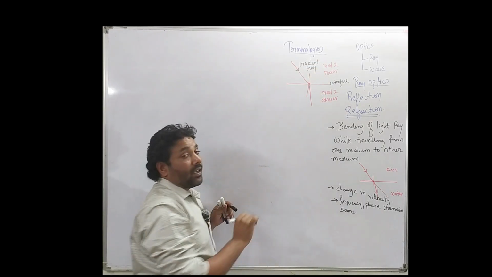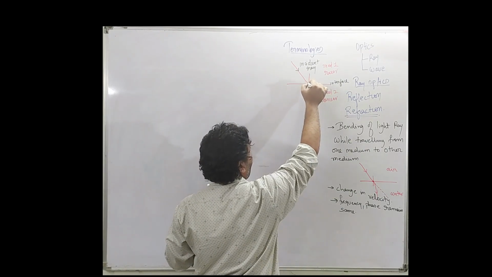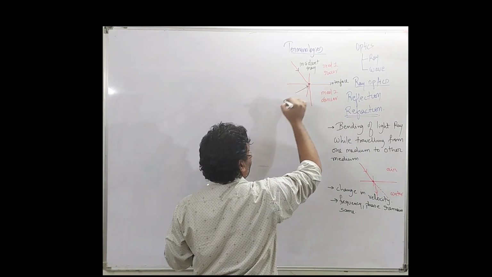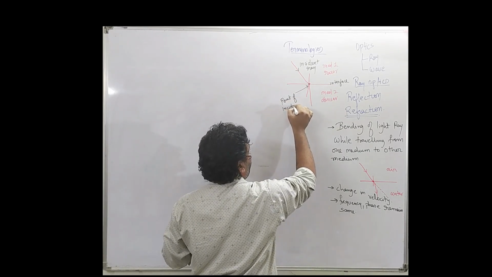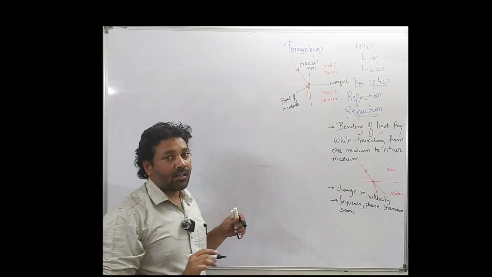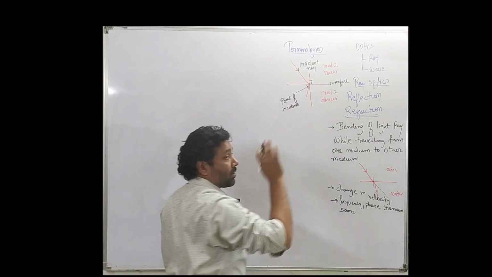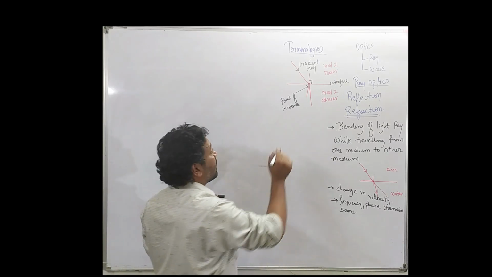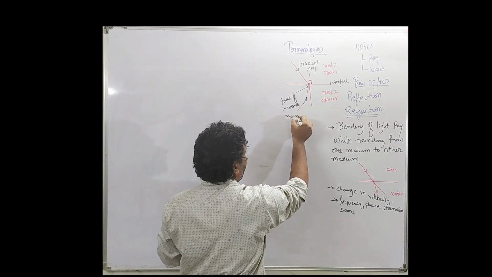Wherever this incident ray strikes, that point we call the point of incidence. At the point of incidence, we draw one 90-degree line, a reference line which helps us to understand refraction. This 90-degree line we call the normal.